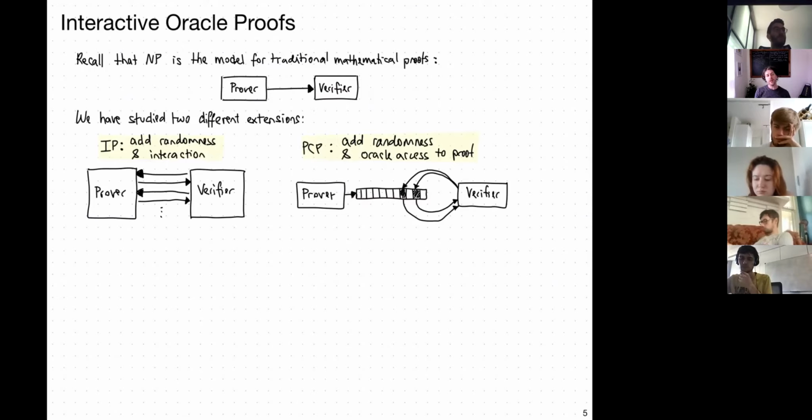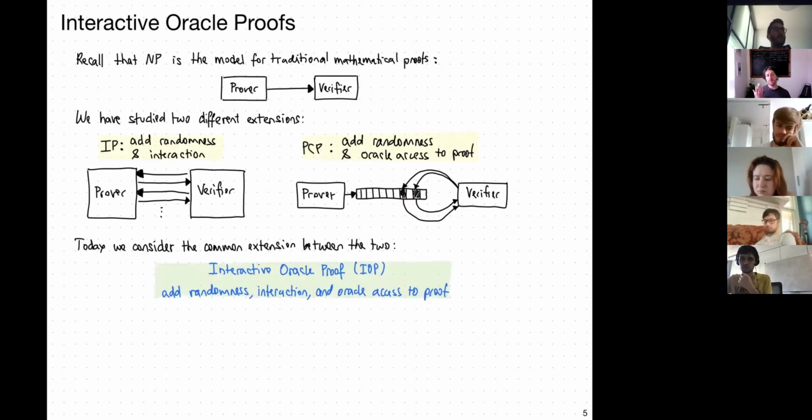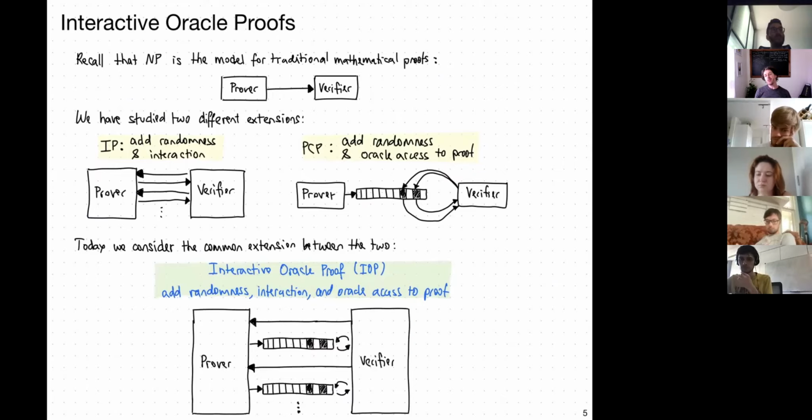So an interactive oracle proof is exactly the love child of both of these models. It's an interactive proof system where the prover is sending a PCP at each stage, right? So a nice way of thinking about it is as just a multi-round PCP. So what will happen? We have the prover, it sends a PCP, then the verifier maybe says, I want to know something about this and that, so it sends another PCP and another PCP and another PCP.